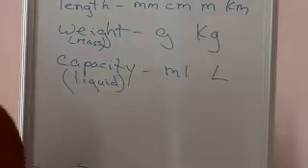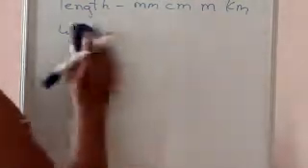And it's again just using our base tens, hundreds, thousands. But the good thing is when we're using mass and capacity, we're only using 1,000. We're only multiplying by 1,000 or dividing by 1,000.